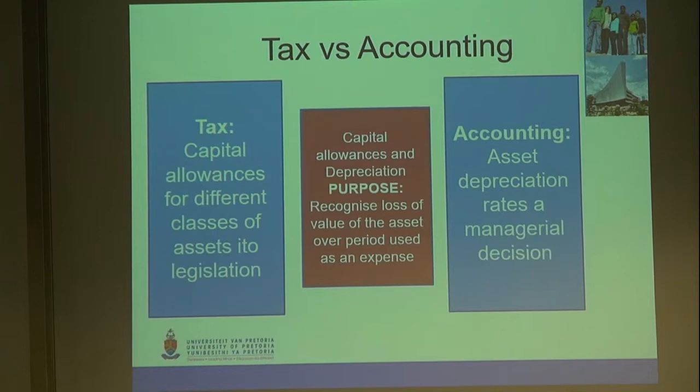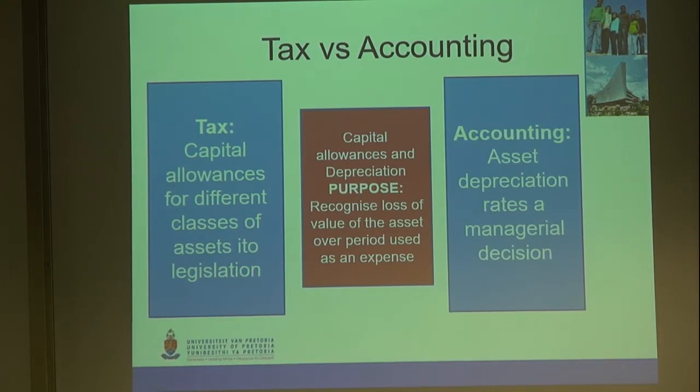If you've got a manufacturing machine, this is how you're going to write it off. Okay. However, in accounting, management can use their judgment and they decide how long that asset will be used for. Its useful life. Right, so can you see that there would probably be a difference between those two.